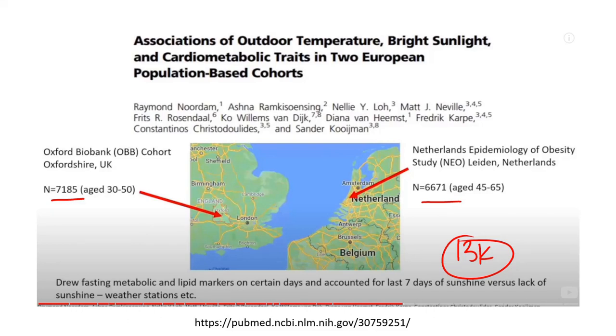And they noted that there was an association between the number of days that there was sun in the previous days and the improvement in their cardiovascular scores, their diabetes score, insulin resistance, that the people that had more sun had better metabolic health.